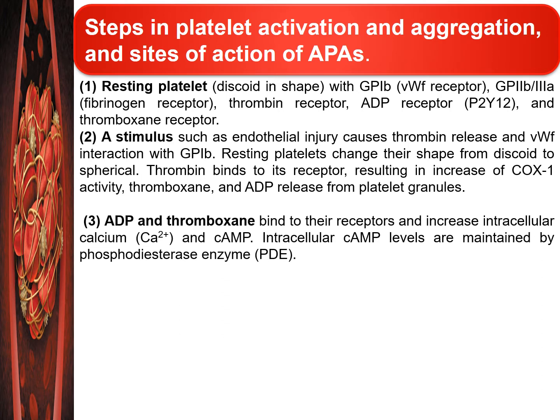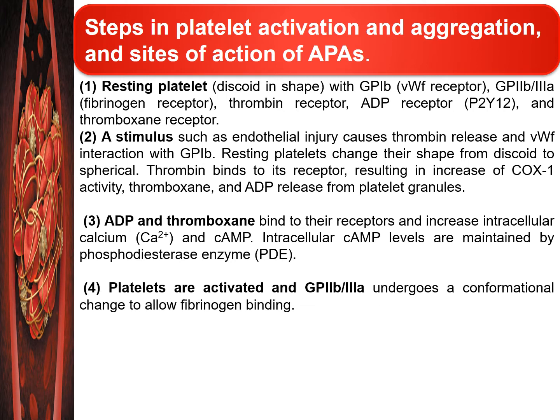Then, in the third step, what happens? The ADP and thromboxane bind to their receptors and increase intracellular calcium and cAMP. Intracellular cAMP levels are maintained by the phosphodiesterase enzyme. Then, what happens in the fourth step?